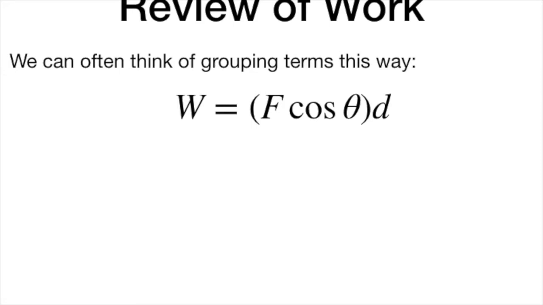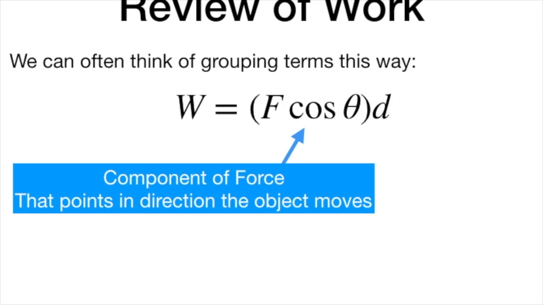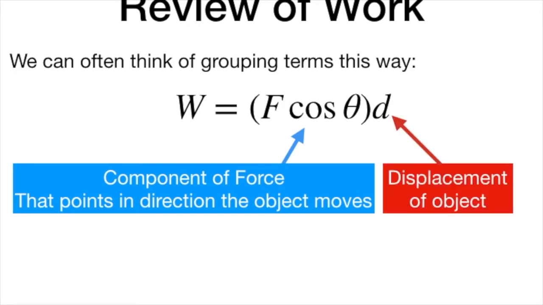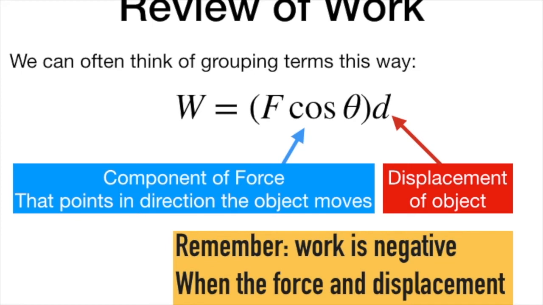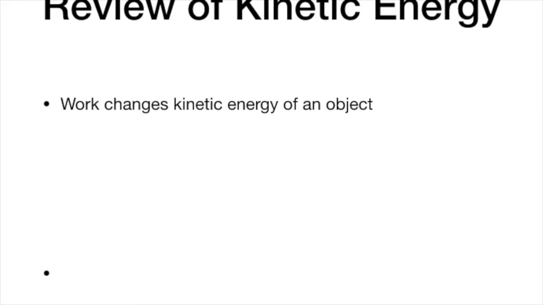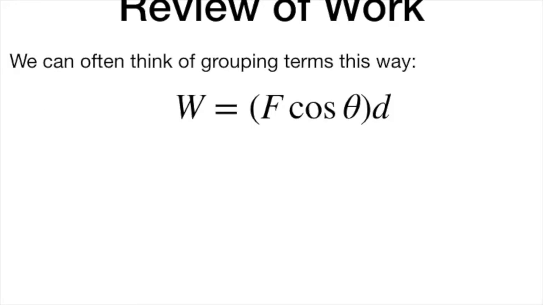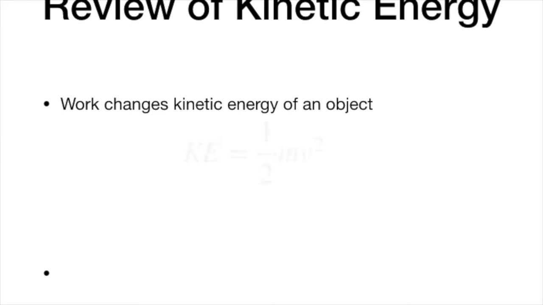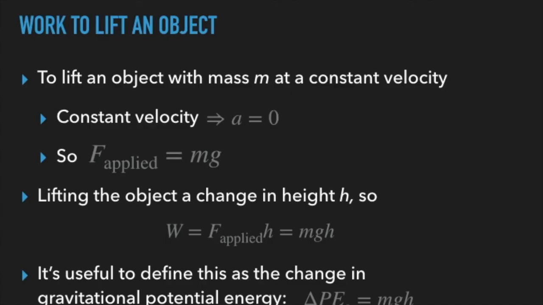So saying that way we're going to take a component of the force that points in the direction the object moves, and then multiply that by the displacement of the object. But as we saw, we have the thing that we talked about with positive and negative values, and that the work changes the kinetic energy.